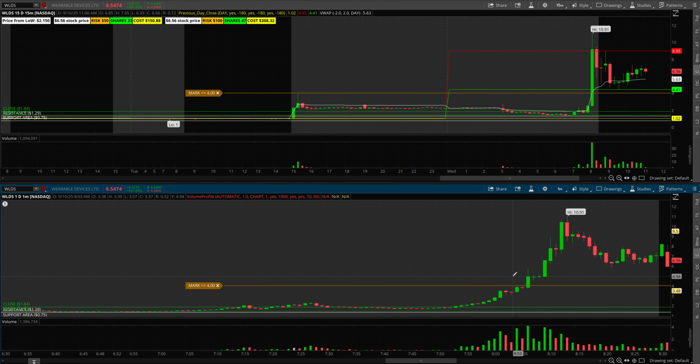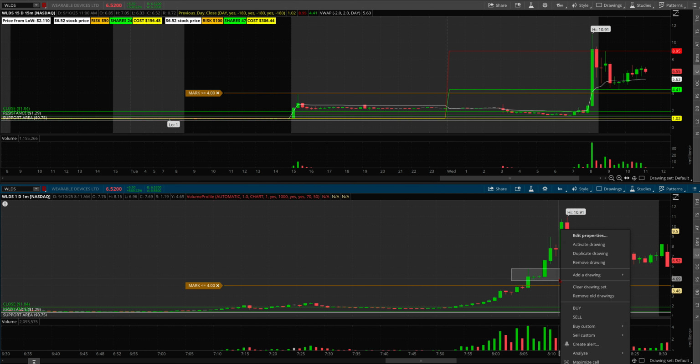So I would start from probably this high, and I use my rectangle tool, and probably this high and either this low or possibly even this low. But with the majority of the volume here and right here, I'm going to go with this low here.